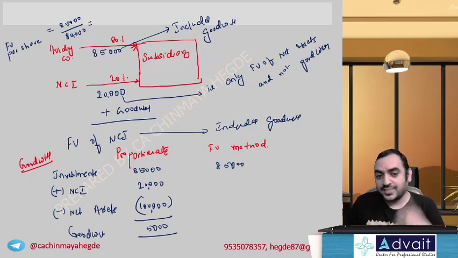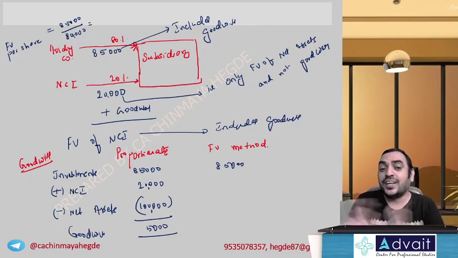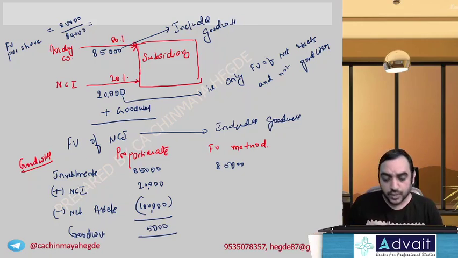Assume 80,000 shares for the holding company and 20,000 shares for NCI. So what do you get? 1.0625 per share.